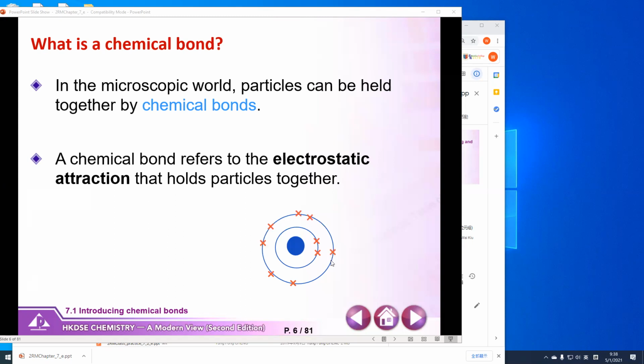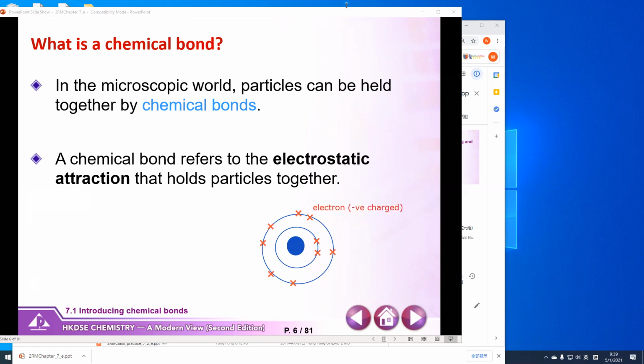These are the way I draw the nucleus, the atom. So pay attention. These electrons, they have negative charge, negatively charged.